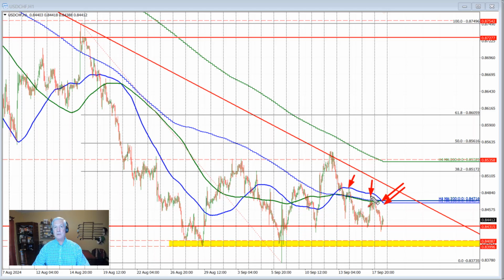This week we've seen sellers against a combination of those moving averages. Yes, we moved above two of them here, but we held below the 100-hour moving average. Trading yesterday, we moved a little bit above those two again, and fell off in early trading today, away from those levels, and we are below them. So the bias is more to the downside for the dollar versus Swiss going into the rate decision.